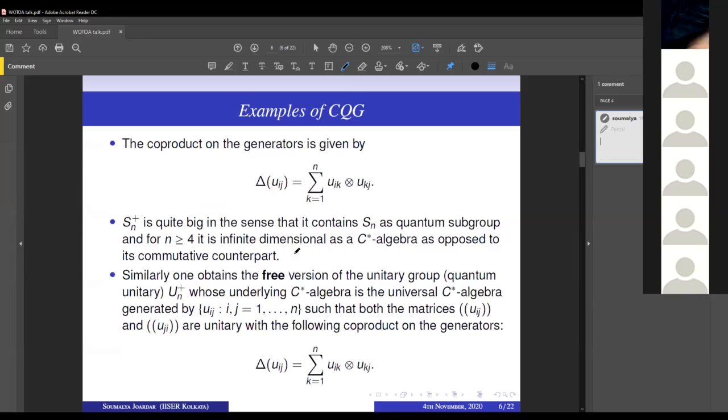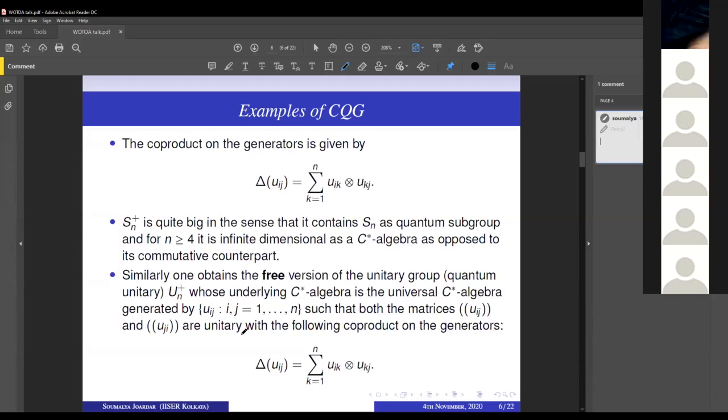Okay. So once we have this Sn plus, we can similarly obtain a free version of the classical unitary group, right? So what would be the free version of the classical unitary group? As a C*-algebra, it will be the universal C*-algebra generated by symbols uij, i, j from 1 to n, such that both the matrices (uij) and (uji) are unitary.